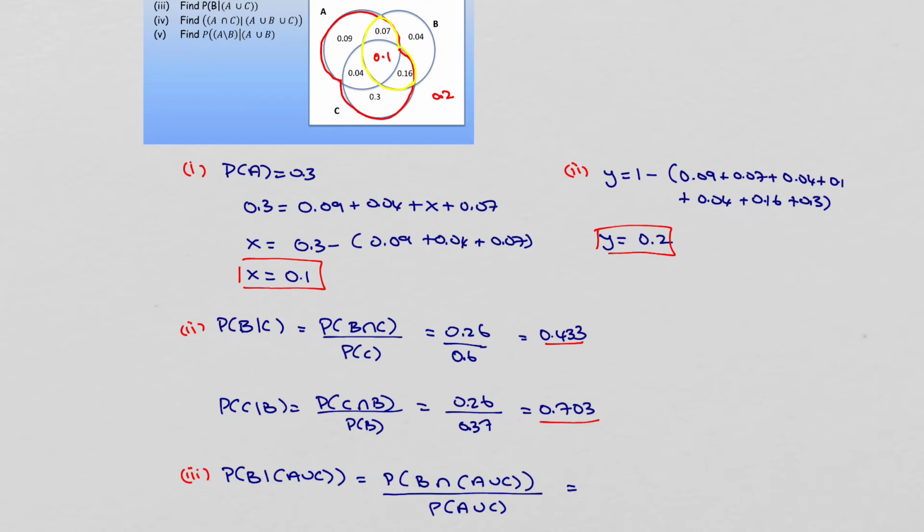So 0.17 plus 0.16 is 0.33. And then that has to be over A union C. So everything in red there, A union C gives us 0.76. So then 0.33 divided by 0.76 gives us 0.434.